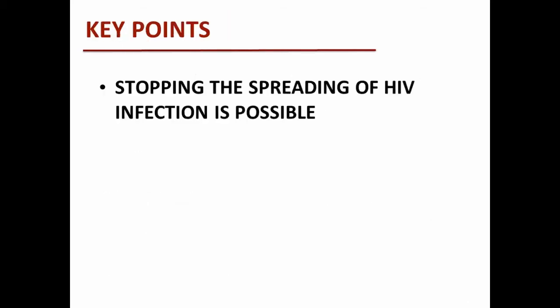So which are the key points of the fight against the virus? The first important thing is that it is crucial to stop the spreading of the infection as much as possible. And by the way, tomorrow it will be December the 1st, which is the World Day for the fight against HIV.